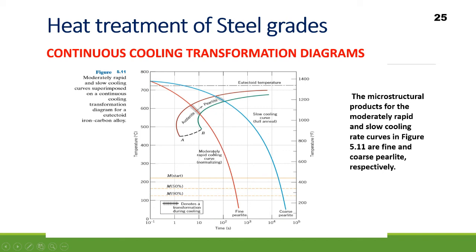Next is the moderately rapid cooling curve, which is normalizing, which we are also going to study; these are heat treatments. So this one is your slow cooling rate, and this is your moderately rapid cooling. And this is my CCT curve. This is the beginning curve and ending curve, and this is the nose of the CCT transformation diagram.